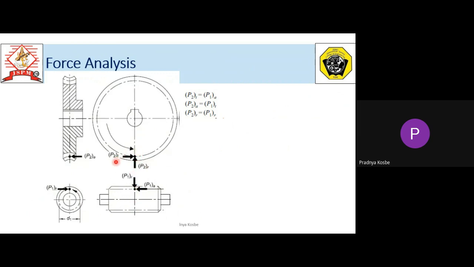So I will repeat: P2T, the tangential component of the worm wheel, is equal to P1A, the axial component of the worm. The axial component of the worm wheel is equal to the tangential component of the worm, so P2A is equal to P1T. The radial component of the worm wheel is equal to the radial component of the worm, so P2R is equal to P1R.